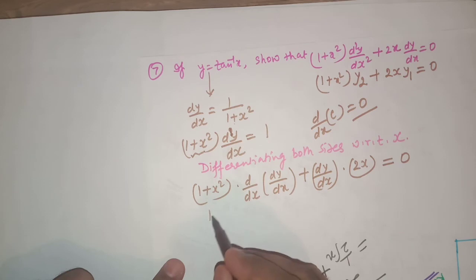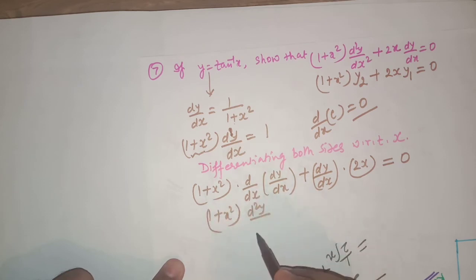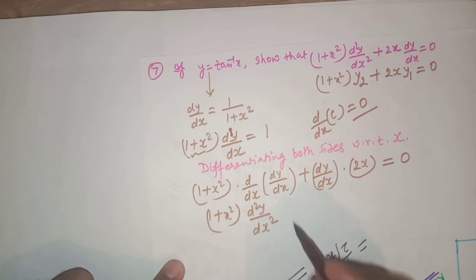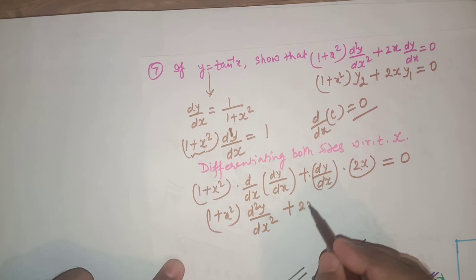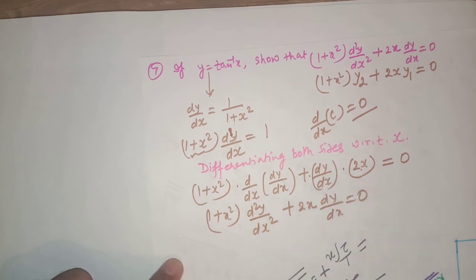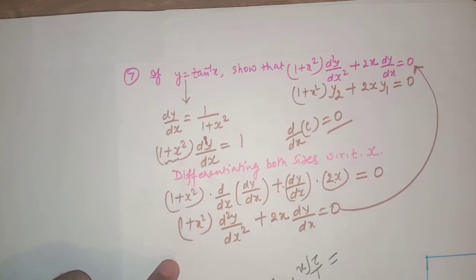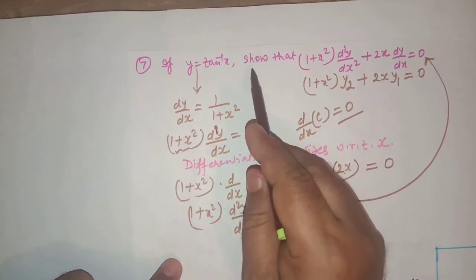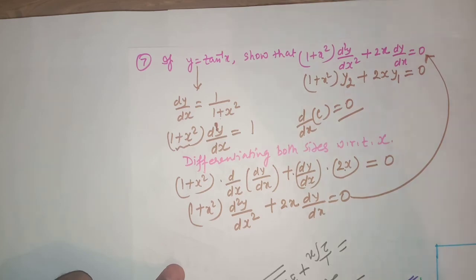Clear? So here we have 1 plus x square times the second derivative d2y over dx2, plus 2x dy over dx equal to 0. So we see that this result and this result are the same, and hence we have proved the required result.